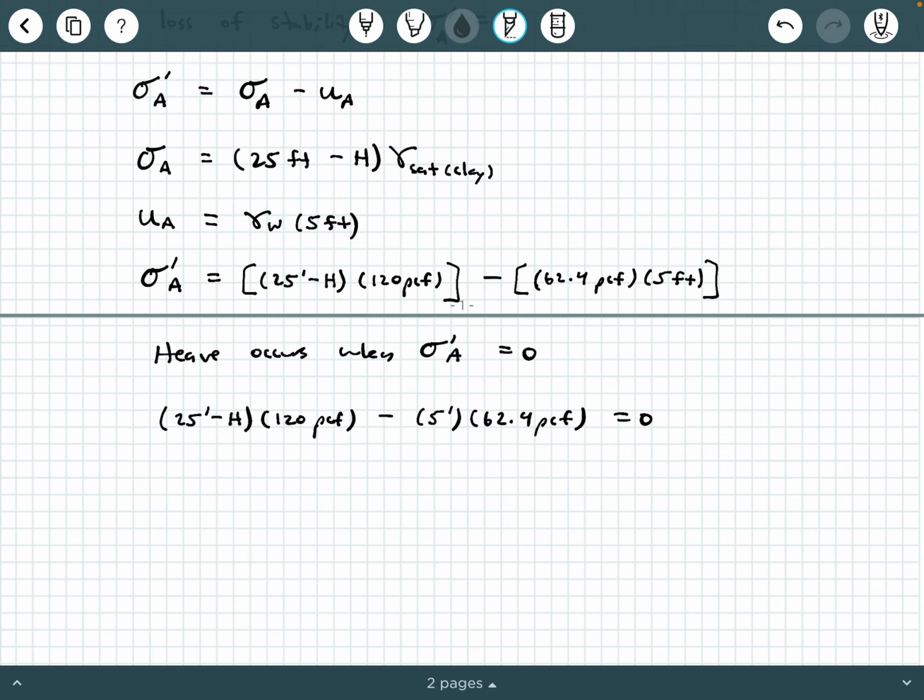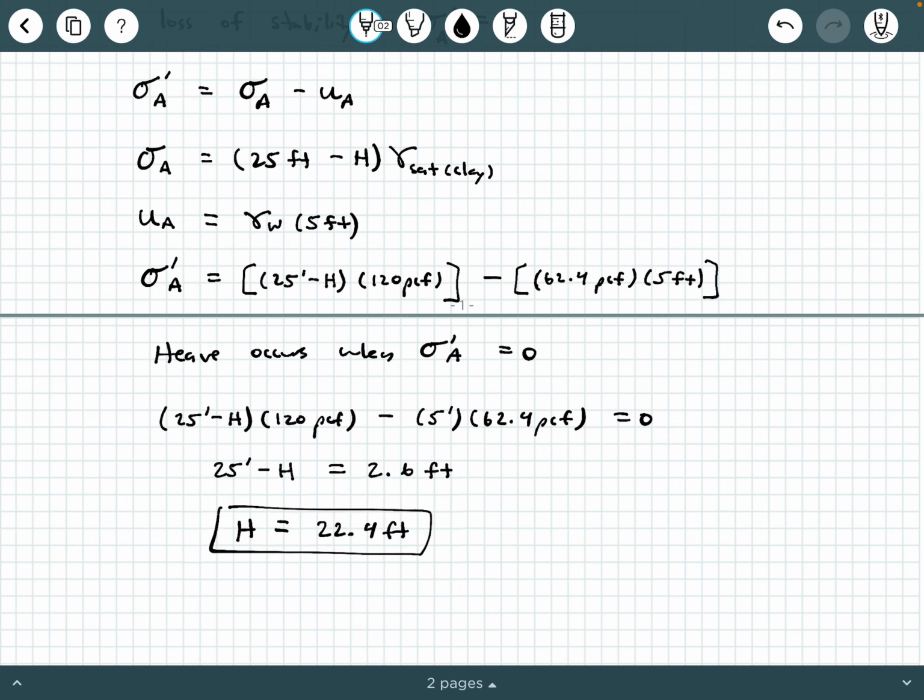Now what I can do is do some rearranging and solve for H. So just showing a little bit of my algebra work, I'm going to have 25 feet minus H equals, if I gather some constants, 2.6 feet, and then do a last bit of rearranging, H is equal to 22.4 feet.